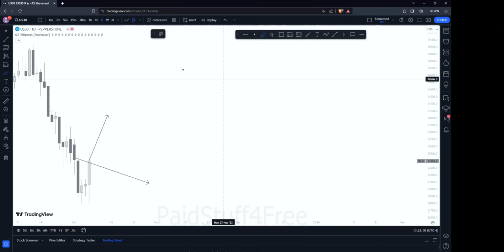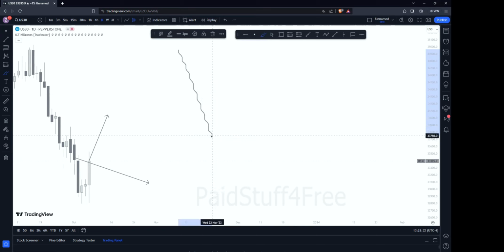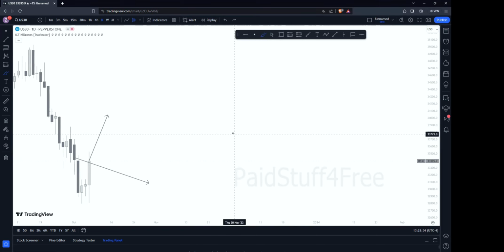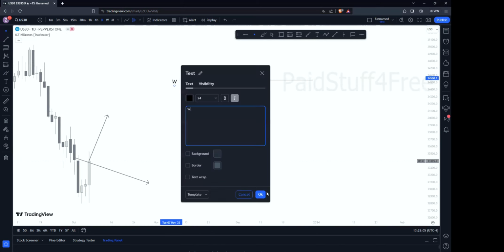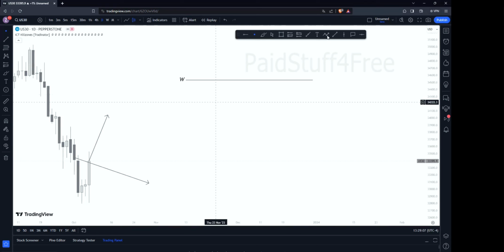So let's say the weekly moves like this. There is this theory about price, basically storyline, that price moves from a fresh level to another fresh level of the same time frame. Let's say weekly. If price wants to start a bearish storyline, what's a bearish storyline? Basically a bearish movement.